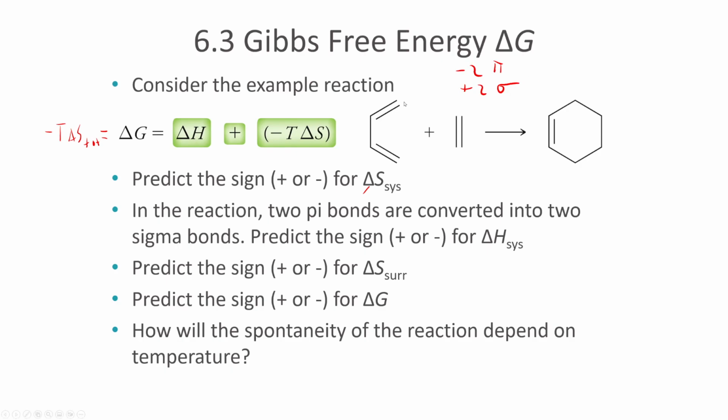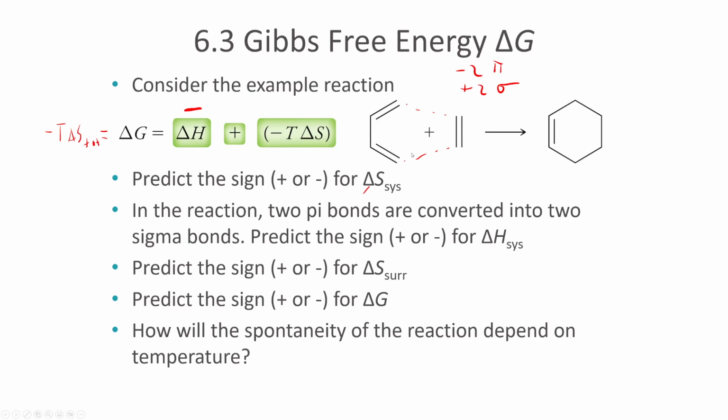The sigma bonds being the bond right here, here. Sigma bonds are due to direct overlap of orbitals and are generally stronger than individual pi bonds. And so here we are breaking weaker bonds and forming stronger bonds. That means we're going to get a net energy out, so our delta H will be negative. We're gaining energy by breaking weak bonds and forming strong bonds.